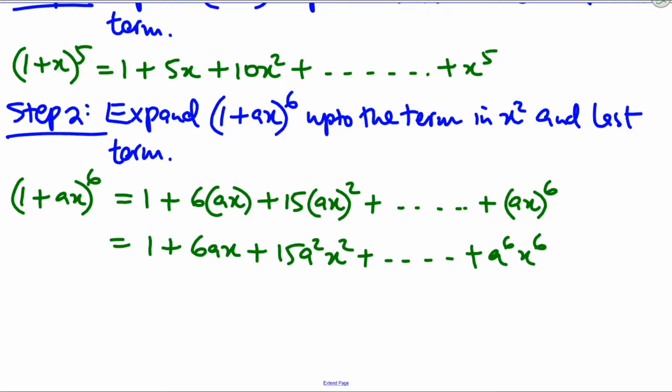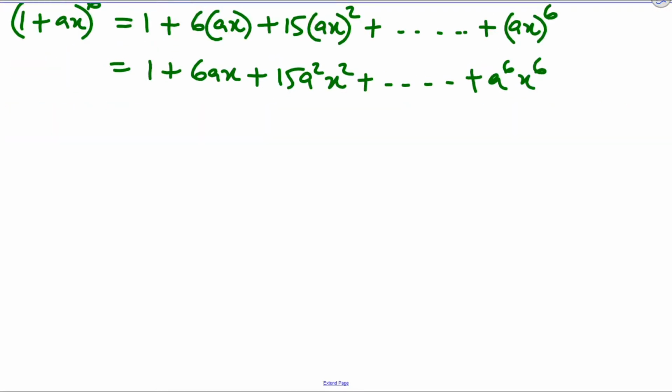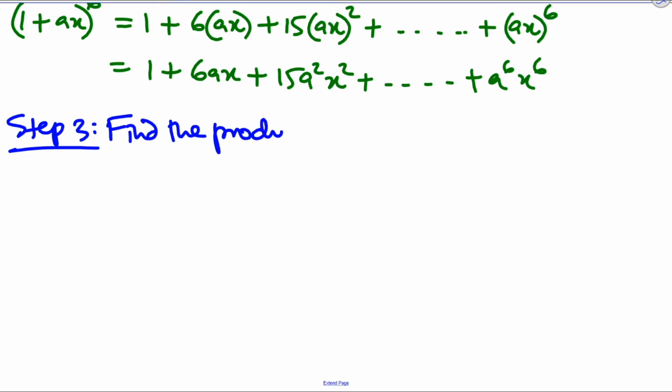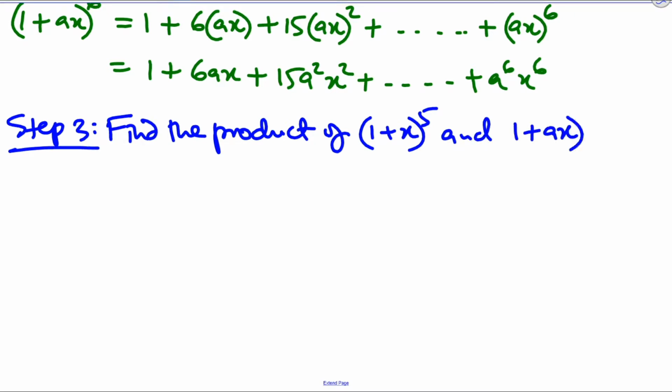So that will be our step 3. Step 3 is find the product of (1 + x)^5 and (1 + ax)^6.